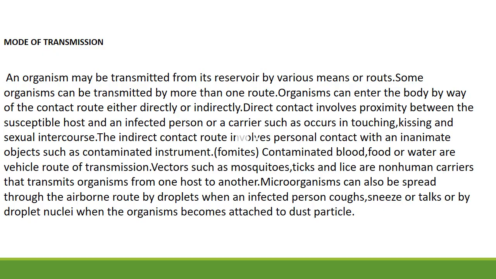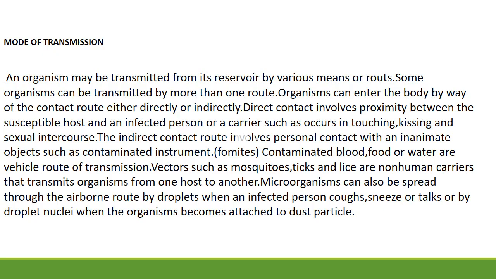Next one is indirect contact. Indirect contact means the articles contaminated by the pathogen come in contact with the healthy person. For example, the articles used by the infected person, like a bed sheet, face towel, etc. If it is used by another person, the microorganisms can transmit to the new person.